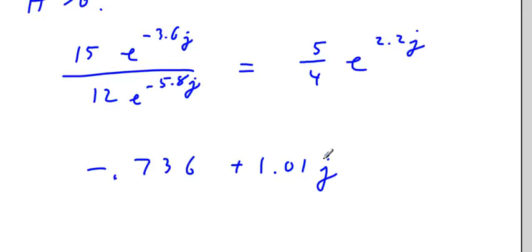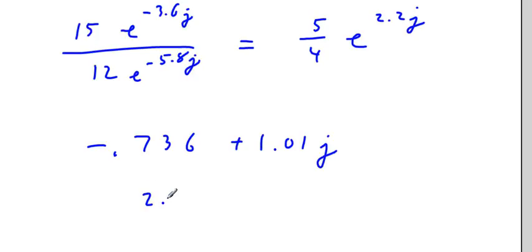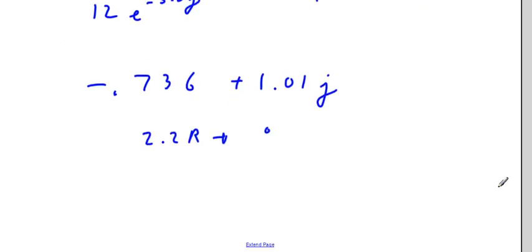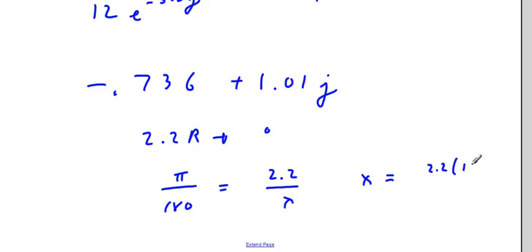Now, if I didn't want to do that on my calculator, I would change the 2.2 radians into degrees first. Pi radians is 180, so x is 2.2 times 180 divided by pi.